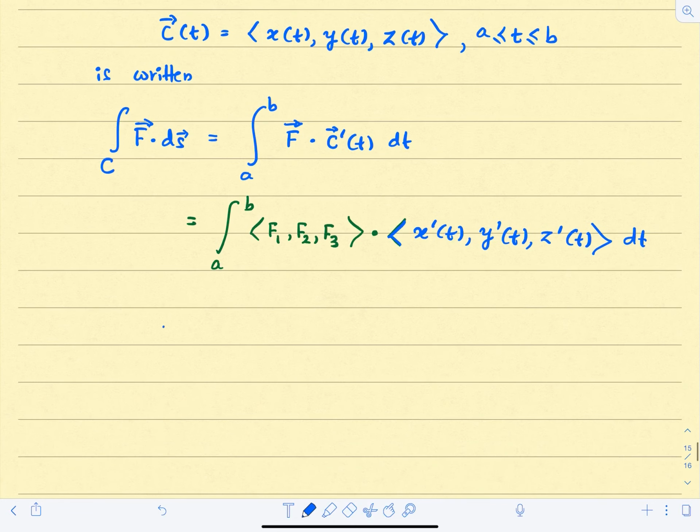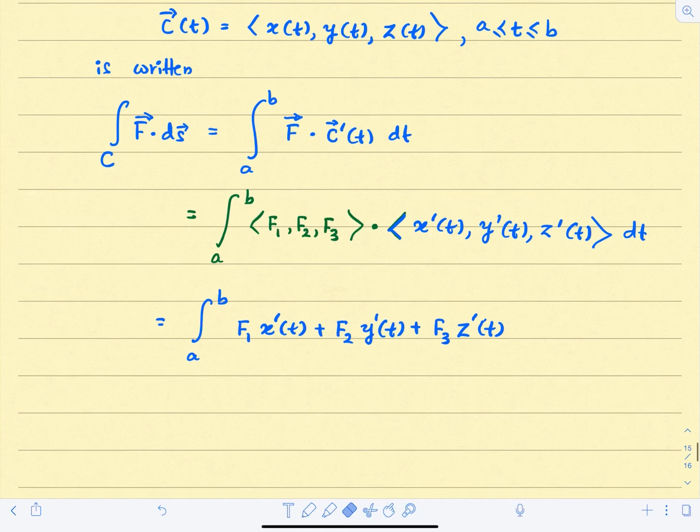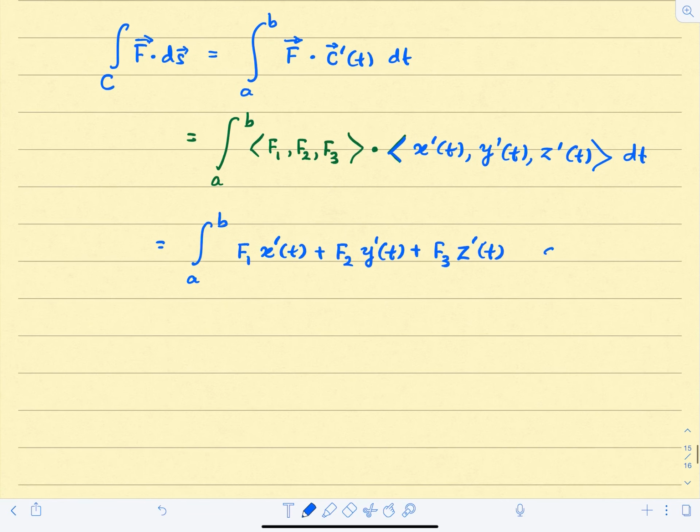Now let's take this dot product. You have F1 times x prime t plus F2 times y prime t plus F3 times z prime t, dt.